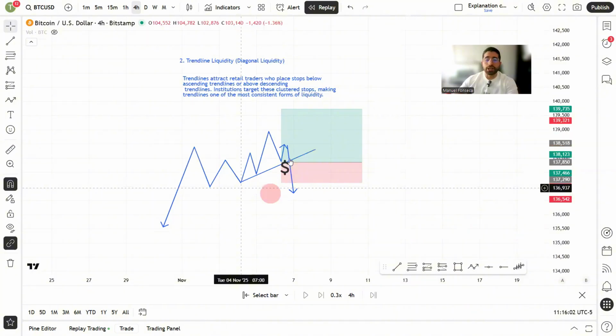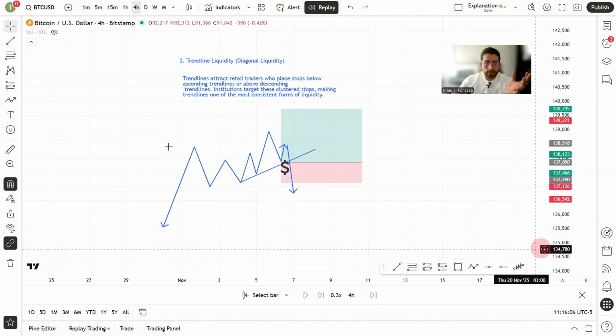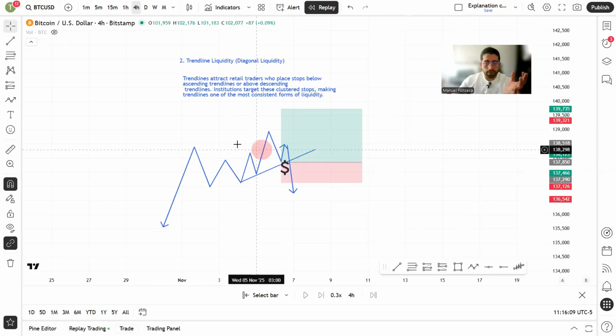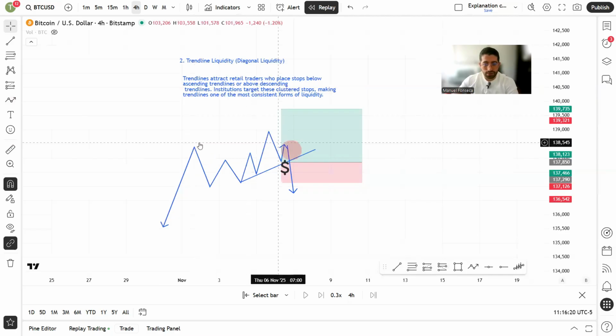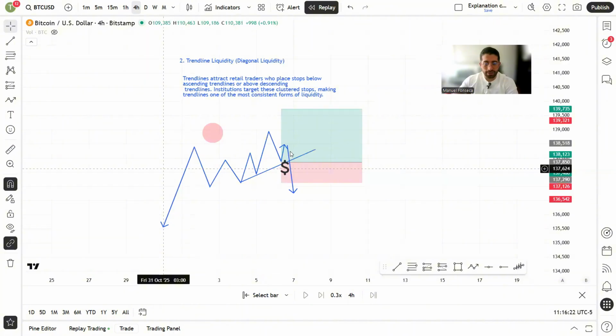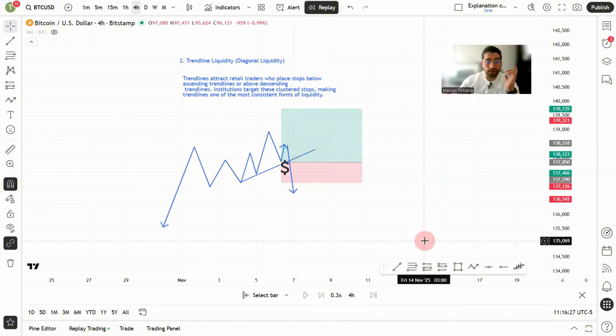Now people start changing their minds. They say, "Oh my gosh, probably this is not the pattern we were expecting. Probably it's a head and shoulders pattern, right?" Because this is also another thing that we're watching in the market. So this is the head, this is shoulder one, shoulder two, right? Head and shoulders pattern. So people start changing the way they think and say, okay, no, now it's time to sell.